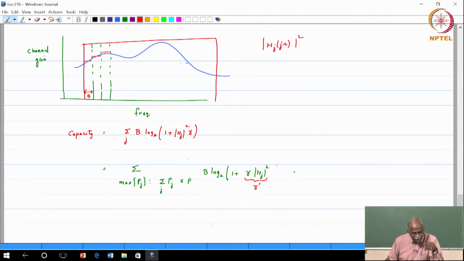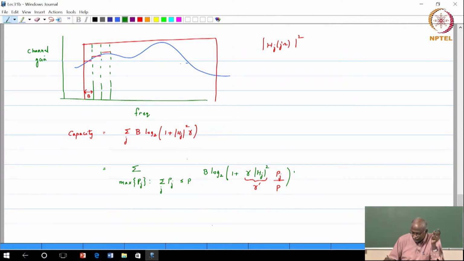This is multiplied by Pj divided by P, my optimum power allocation, and the constraint would be that the sum over j of Pj is less than or equal to P.